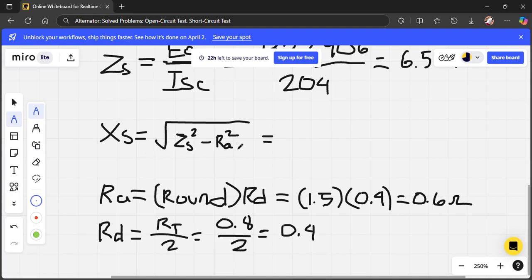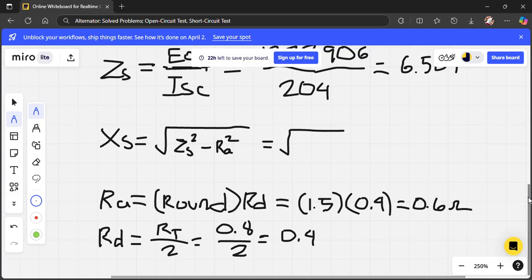So we can solve for XS, right? We have RA and ZS, the synchronous impedance.